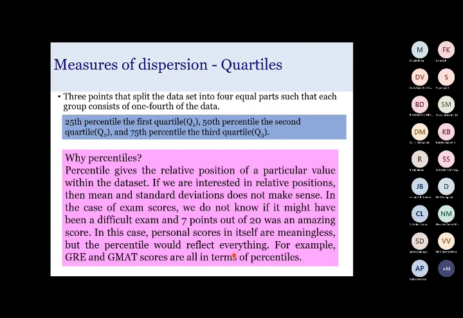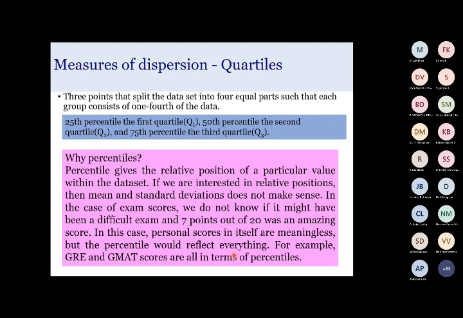The next one is quartiles. Quartile means we are dividing the data into equal parts. If we have the data for a particular attribute, let's say that attribute has 100 percent of the data, how do we partition that?